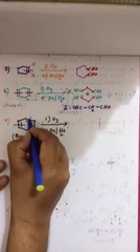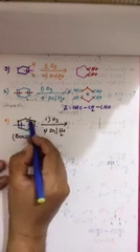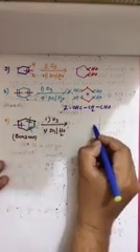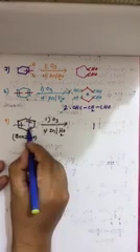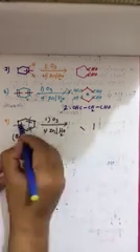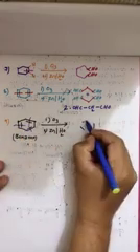This double bond, this double bond, this double bond is going to be broken. Then what am I getting here? This bond gone, I am getting one bond here. This double bond gone, and I am getting one bond. And this double bond gone, and I am getting this bond. 3 I got.